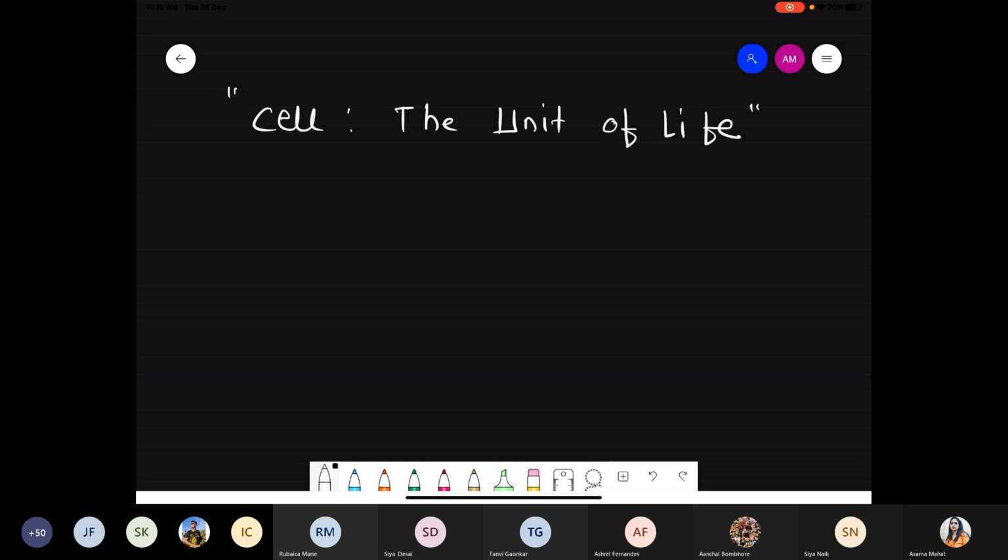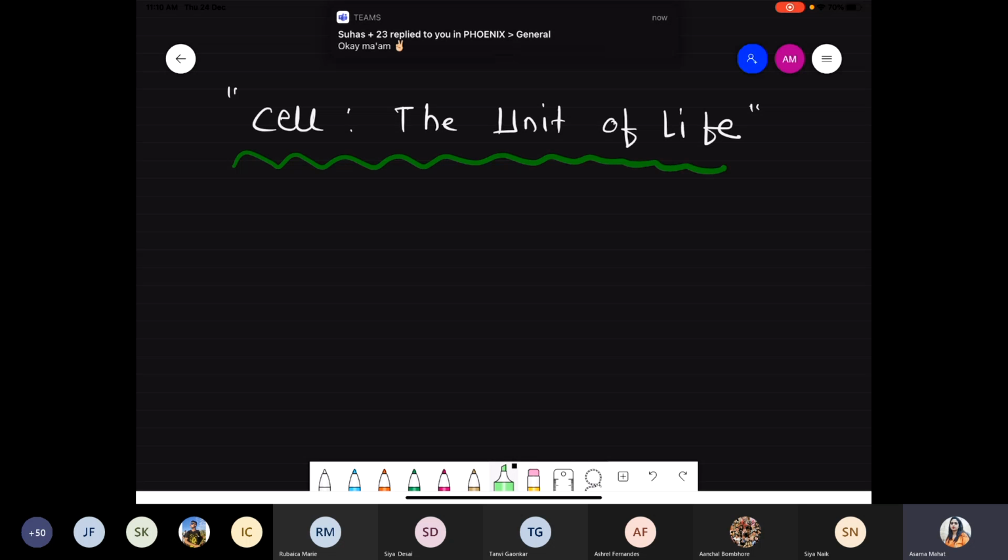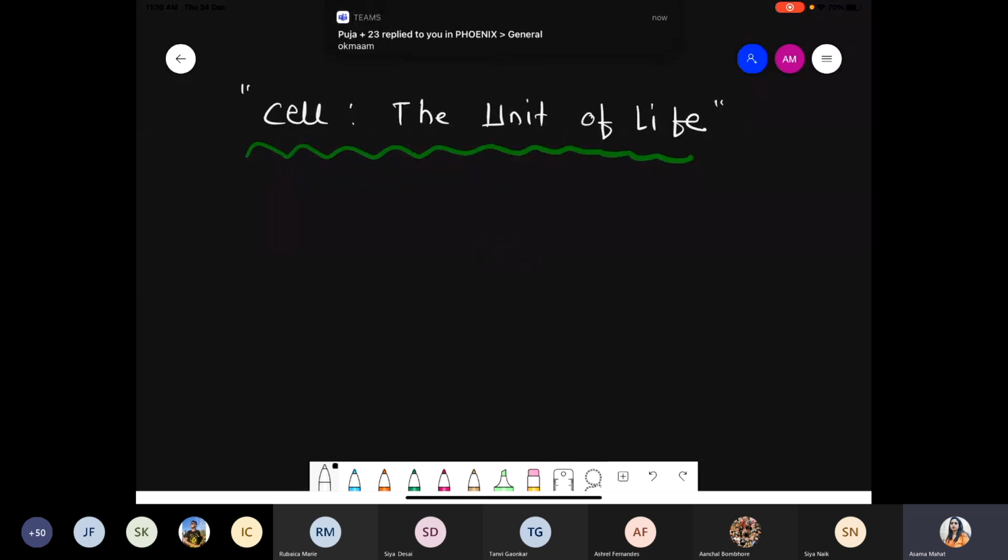Okay, so we are talking about the unit of life. Again, another NEET 2019 question. If you read the module, you will get so many scientists' names, but you have to remember only 5 names of scientists. That's it. First of all, we are talking about the historical account.